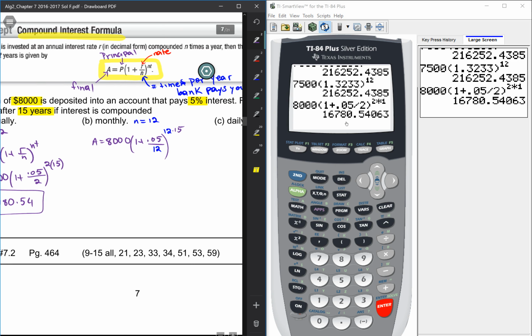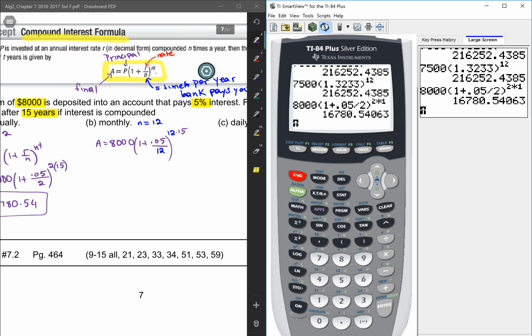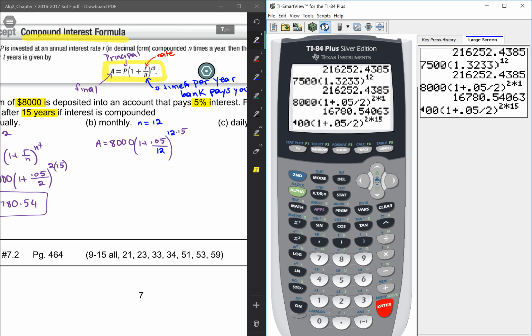Now, in these problems, don't type this all over again. I do second, enter, and it gives me back the last expression I put down, and all I have to do now is edit this. So it's going to be 12 times 15.